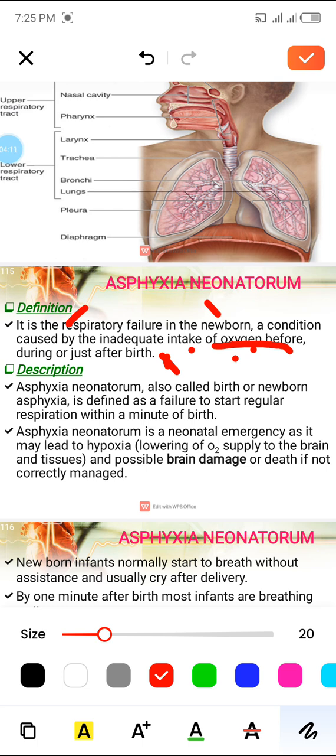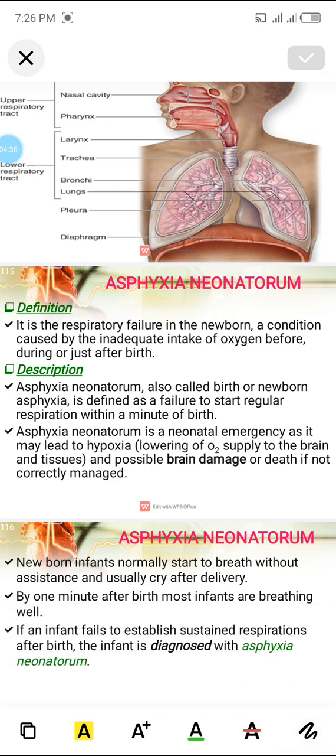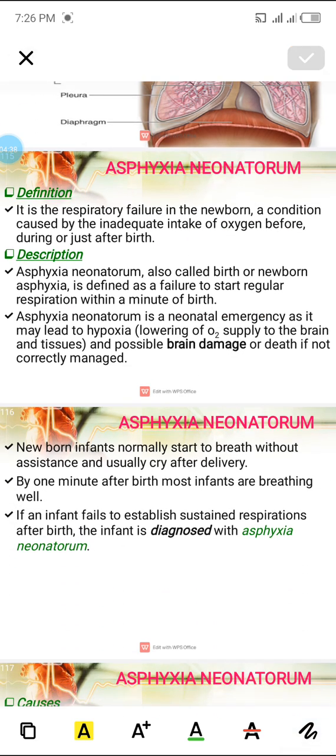This neonate will have what we call brain damage. That's why we're saying that this condition is regarded as a neonatal emergency, because it will cause brain damage or death if not treated. So the issue here is oxygen.